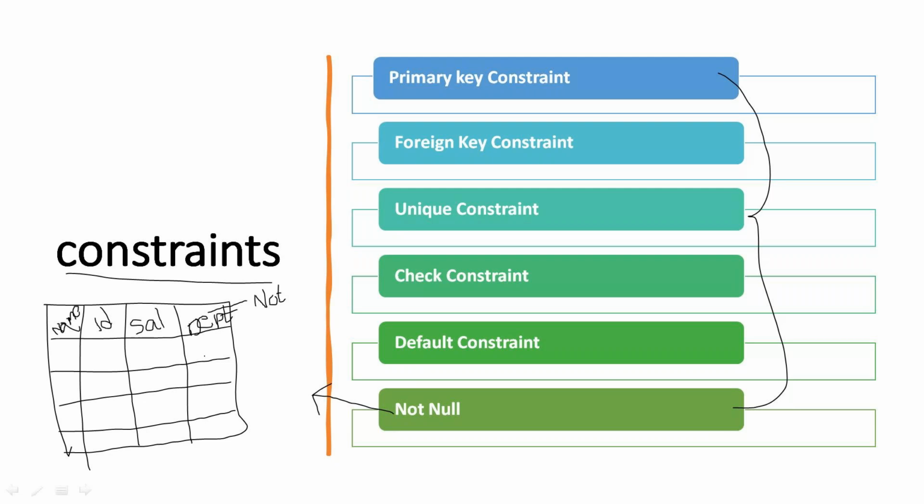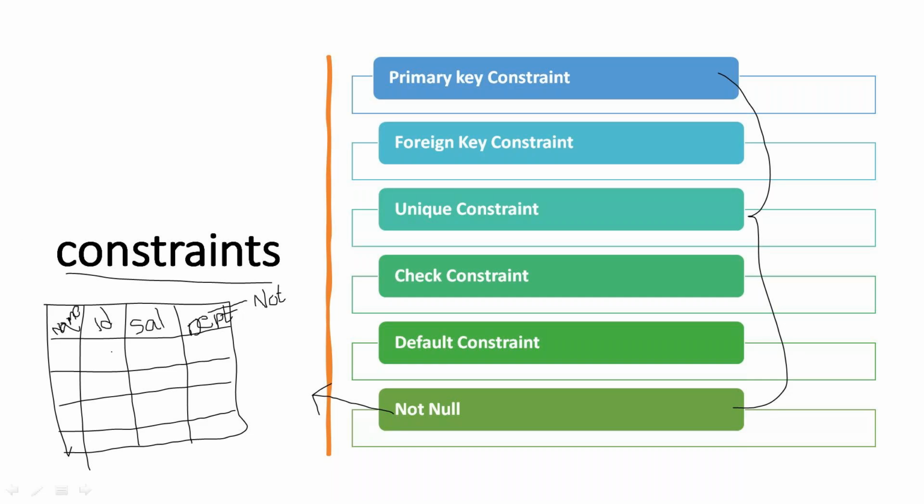If you are inserting null into this column, it will never allow you to take null values. Understand? Whatever column you take the not null constraint on, null values are not accepted for that column.